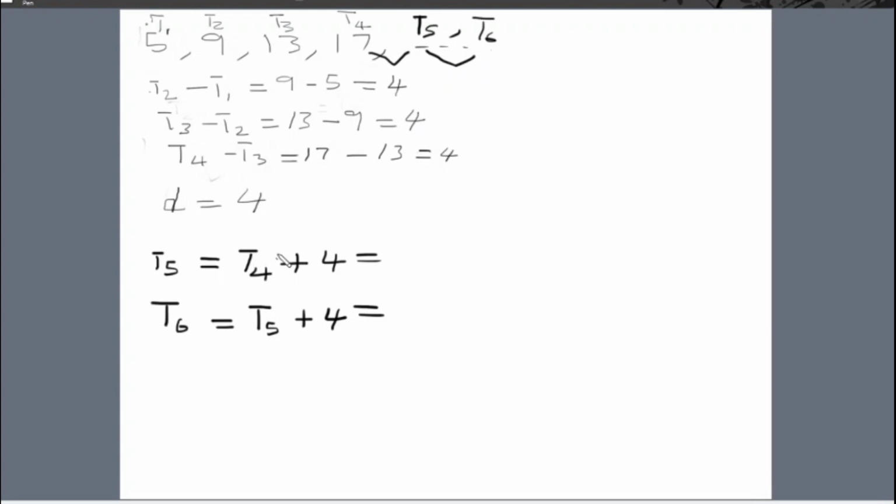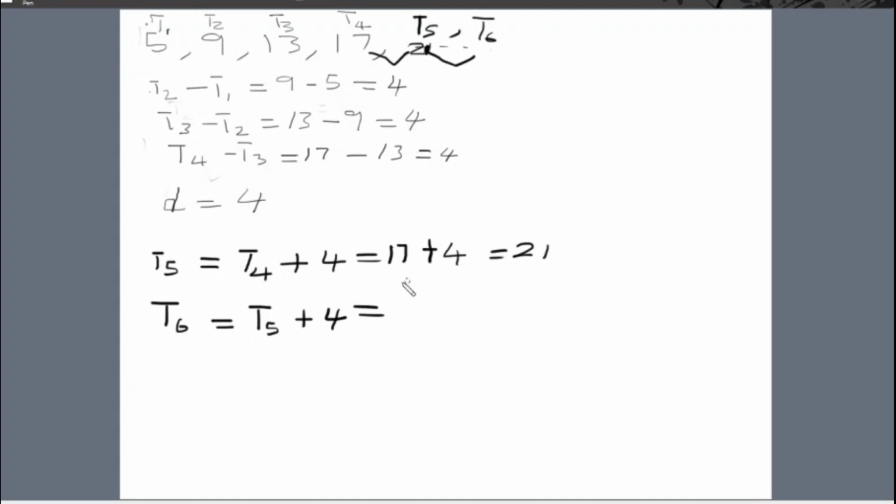So what is term number 4? Term number 4 is equal to 17. If you add 4, you get to 21. So T5 is 21.